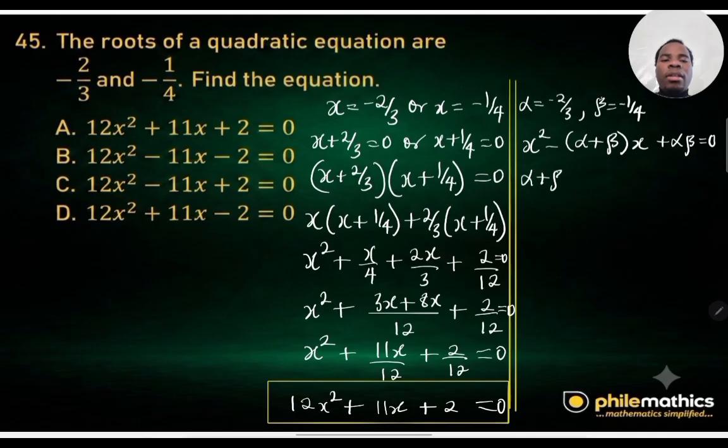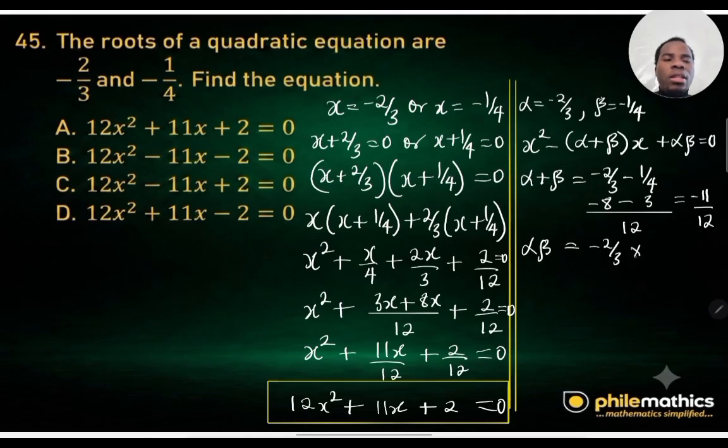Alpha plus beta is -2/3 minus 1/4. LCM is 12. 3 into 12 is 4, 4 times -2 is -8. 4 into 12 is 3, 3 times 1 is 3. And this is -11/12. Alpha beta is simply -2/3 times -1/4, which is 2/12.